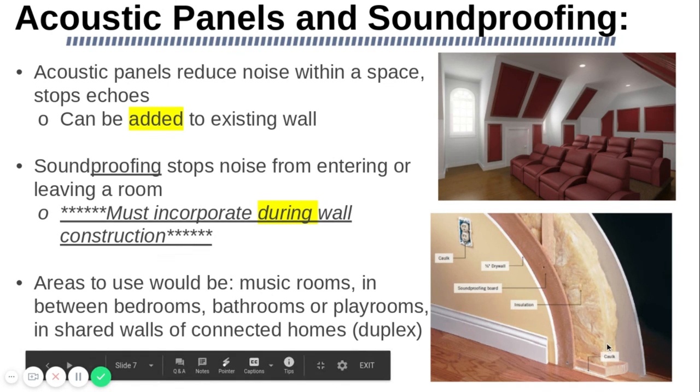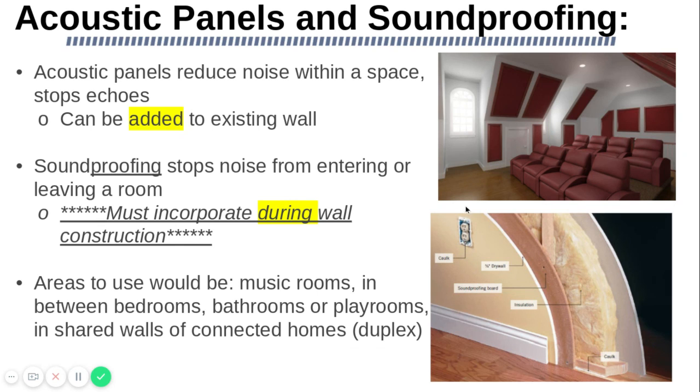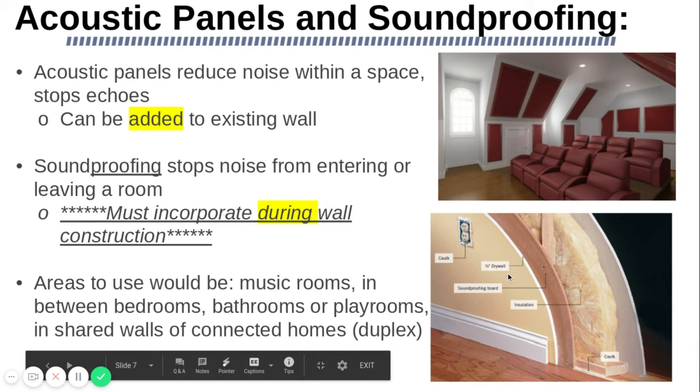So in this picture, you can see they have put a special material, special caulk, special insulation, the special soundproofing board, and a special thick drywall and more caulk. Those are just materials inside of the wall to make it actually soundproof.